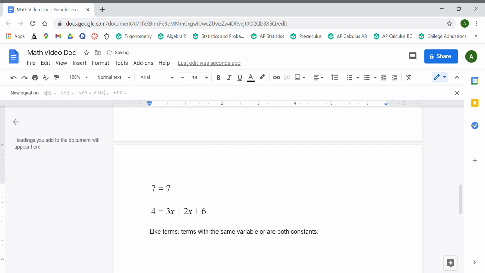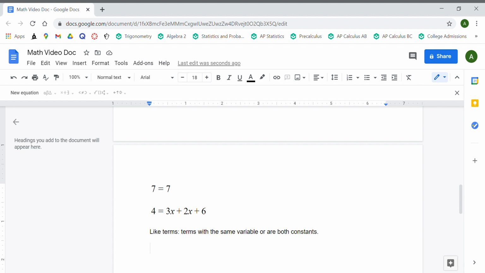Well, if you took like 7th or 8th grade math, you remember you have to simplify the expression by combining like terms. So we have 3x and 2x.